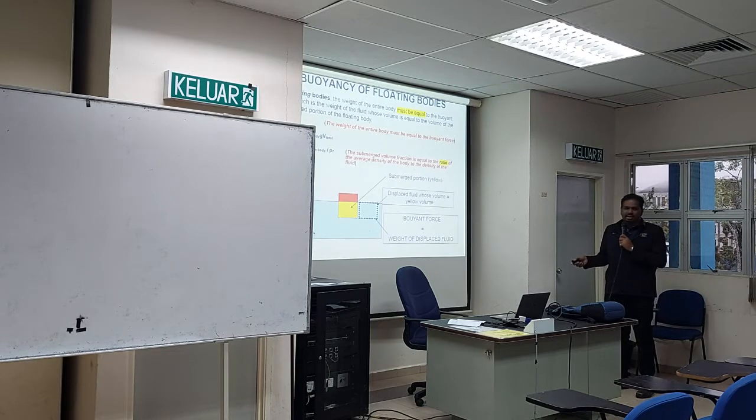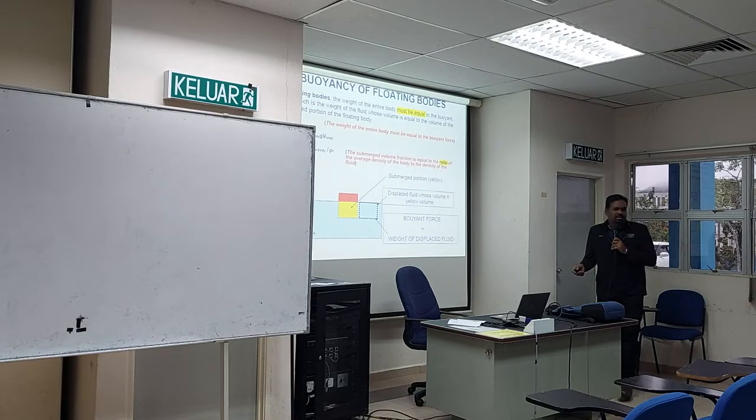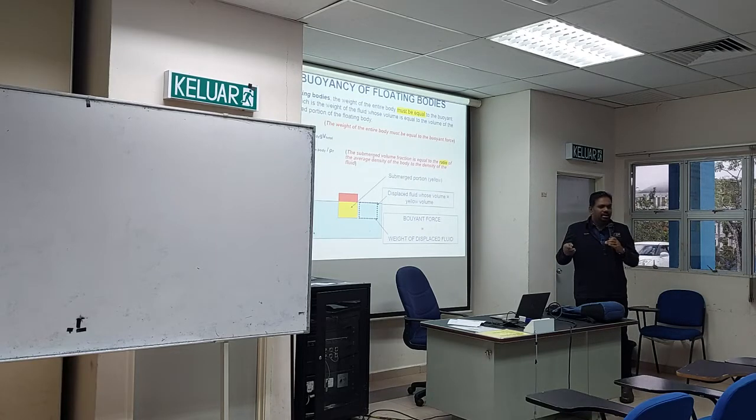When this weight enters the water, the water level rises. If the container is big we can't see it, but if it's a small container we can see it. When a weight enters the water, you can see the water level rise up. That is what we associate with buoyant force.